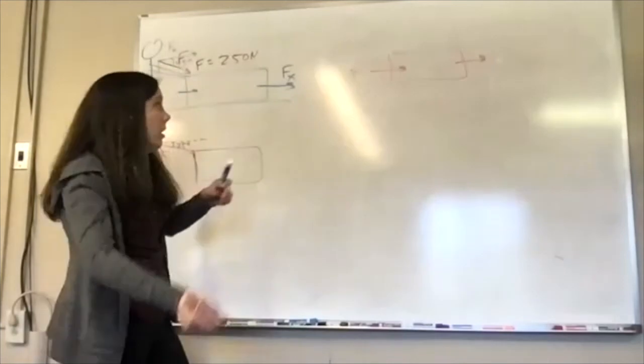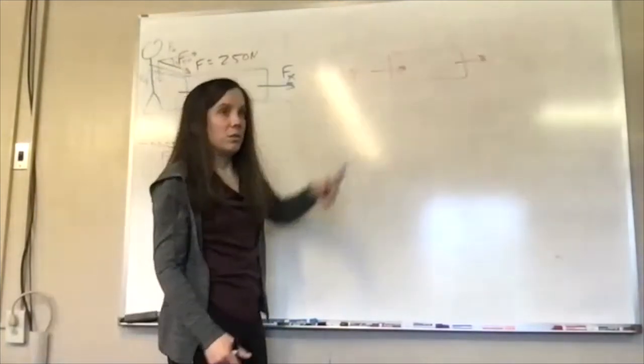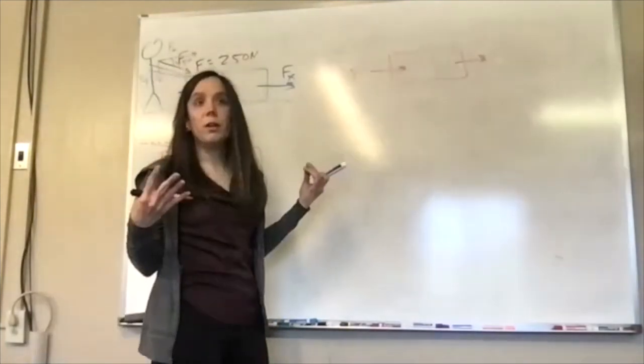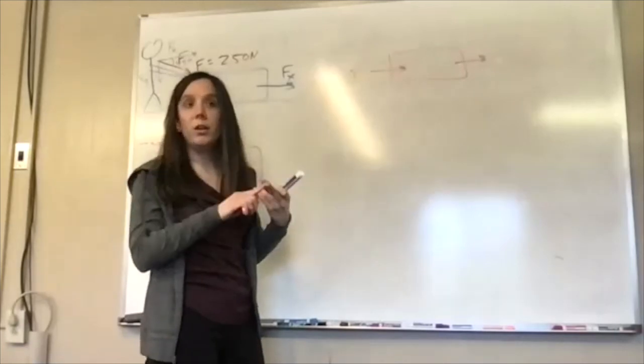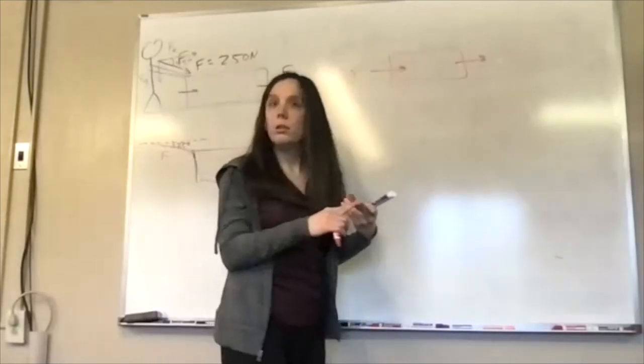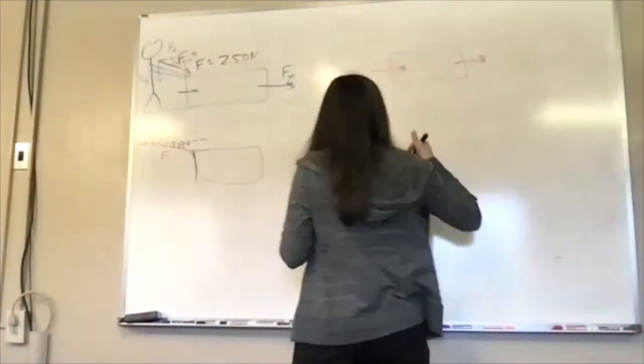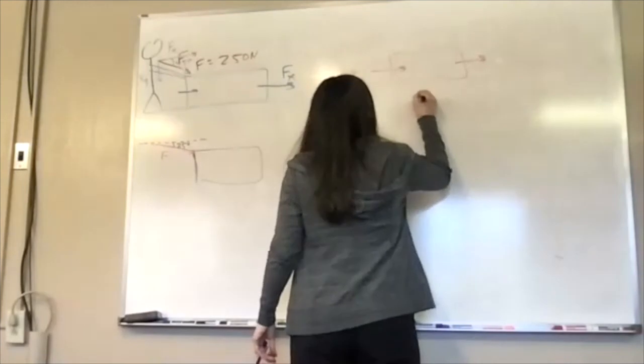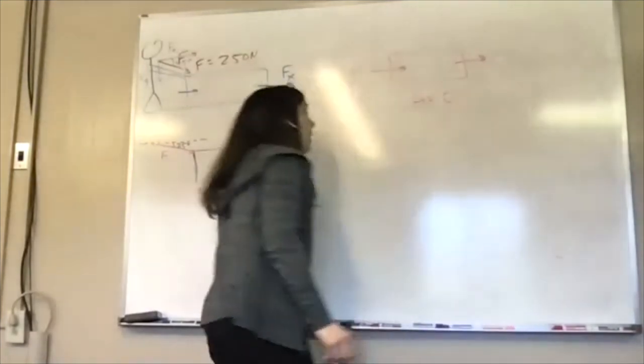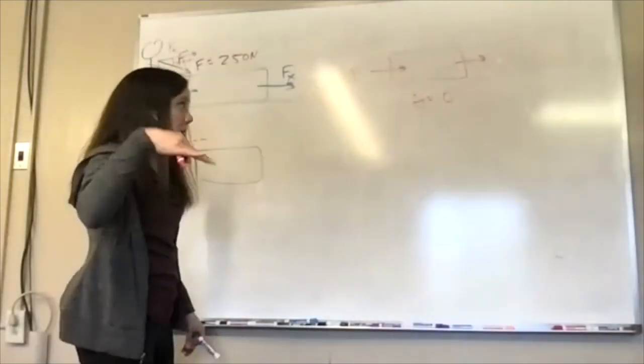I just have your force like that. Is that 180 degrees? Well, it's in the same direction, right? So we call that not 180, but 0. So this would be an angle of 0 degrees, and that would give you the most force horizontally.